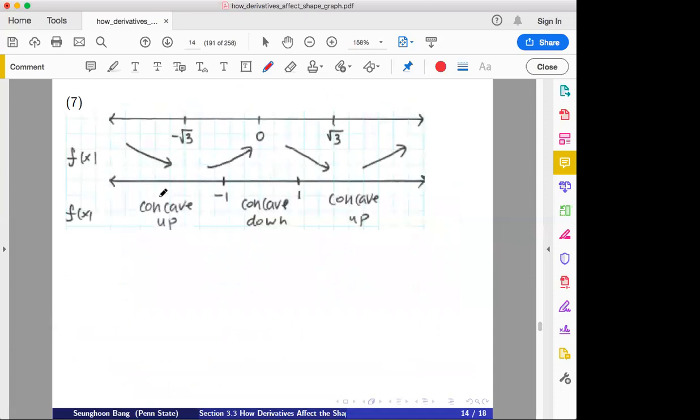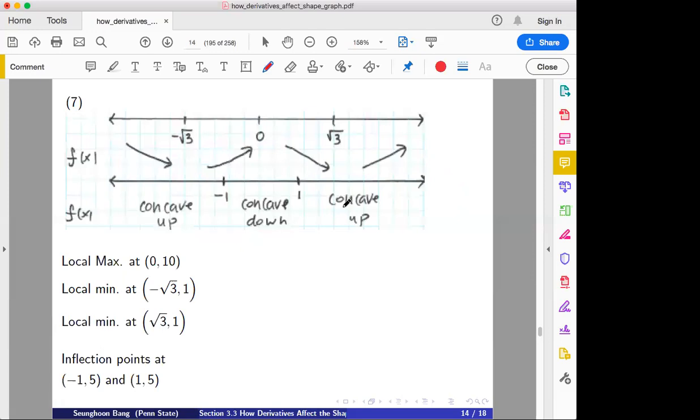What about concave up and down? Concave up up to minus 1, minus 1 to 1 concave down, 1 to infinity concave up. We have a local maximum at 0, 10, a local minimum at negative root 3, 1, and a local minimum at root 3, 1. We have 2 inflection points, minus 1, 5 and 1, 5, from the previous result.